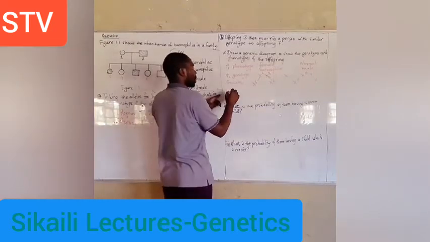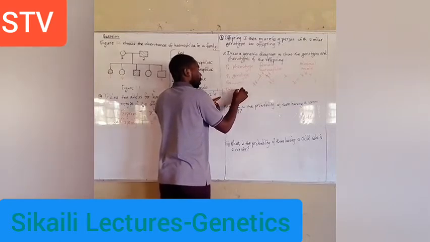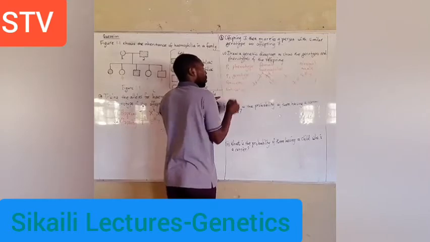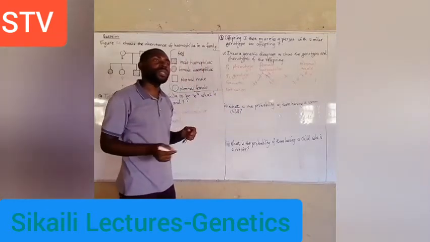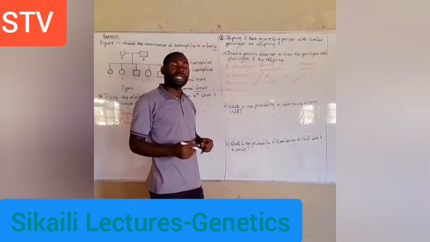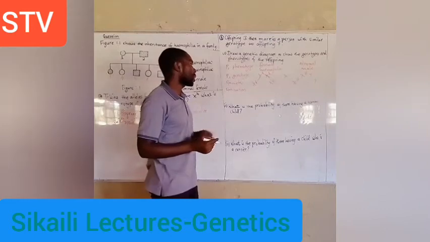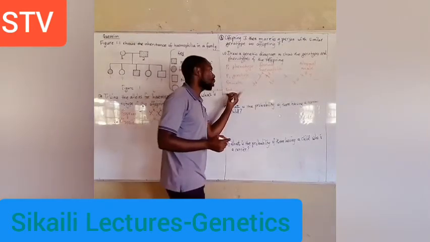This is now where inheritance really occurs. If you are inheriting Down syndrome from your parents, this is the time that you inherit it. If you are inheriting intelligence from your parents, this is how you inherit intelligence from your parents, under fertilization.